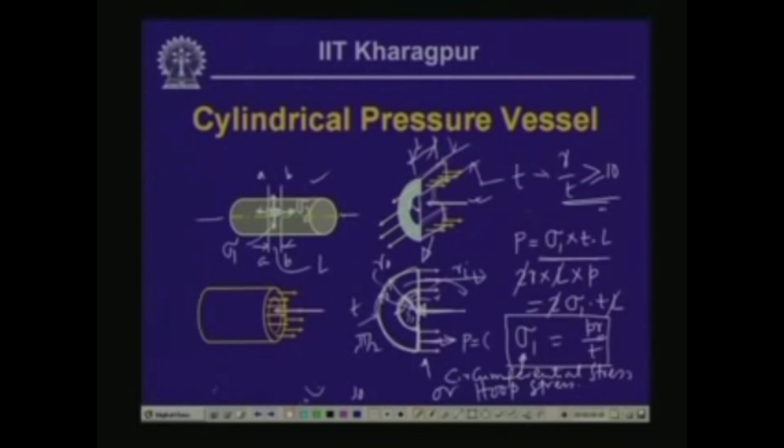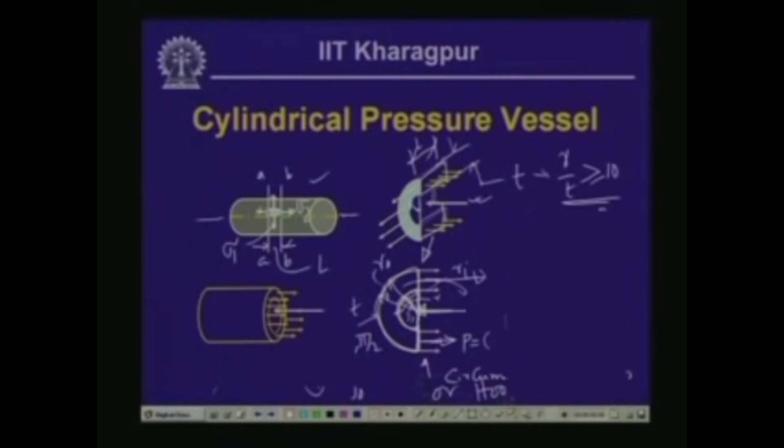Now, if we would like to compute the value of the other stress, which is sigma 2, acting in the longitudinal direction, let us take the section here, which is shown in this particular figure.